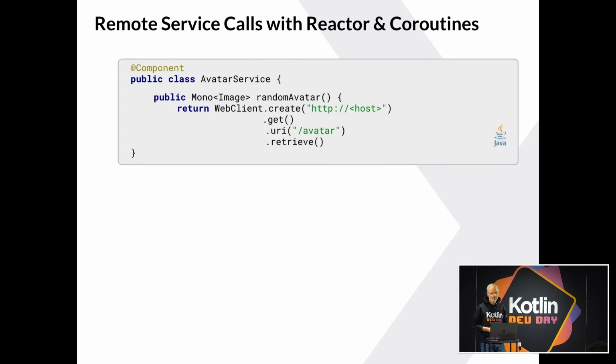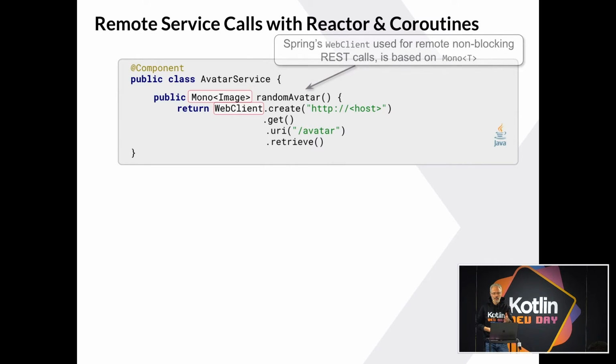So what we have is a very simple means to lift existing reactive code into coroutines. Here is the example we would use for this random avatar method, where we use the web client. I don't know if somebody's used it. That's the asynchronous, powerful tool you have in Spring Boot Reactor to make asynchronous network calls, which returns a mono.